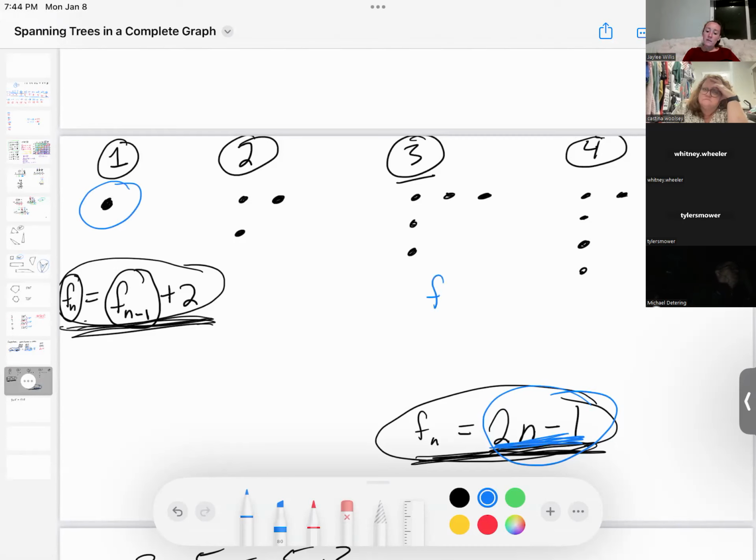And according to this formula, the first term is 2 times 1 minus 1, which equals 1. And because this gives us a result of 1, and the first picture has 1 dot, our base case is proven. So for the base case, you're basically just plugging in your very first term and making sure that your algebraic expression works for that first term.